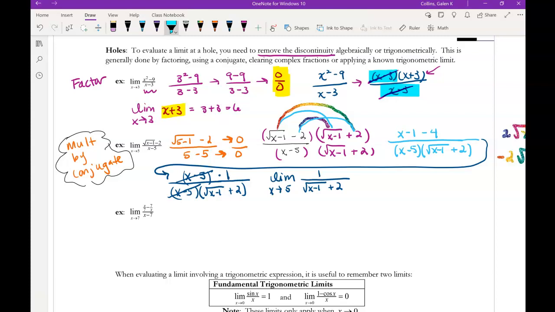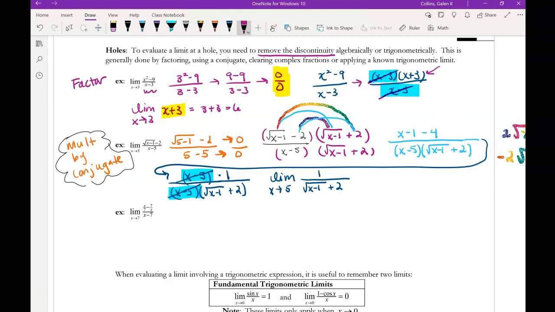That's what allowed us to evaluate the limit. So in this problem, it's the x minus 5s. When we get rid of that, because remember we had a hole where x equals 5, we're getting rid of the factors in the numerator and the denominator that are causing the hole. So now when I plug a 5 in, I don't get a 0 in my numerator and denominator. We still could, but we usually don't.